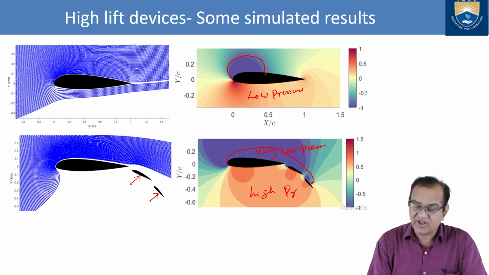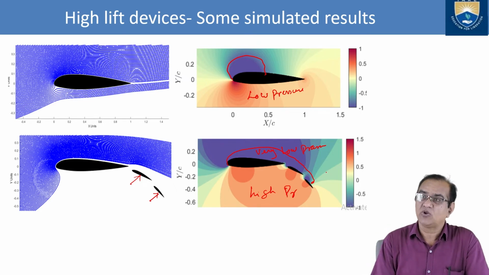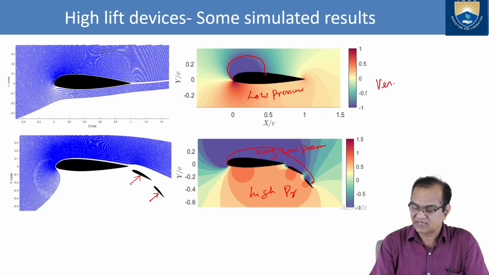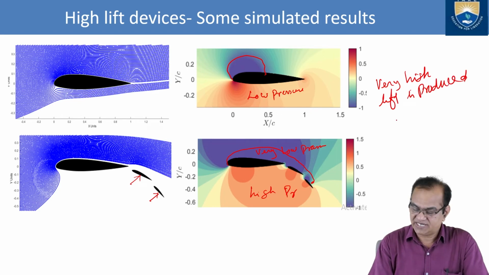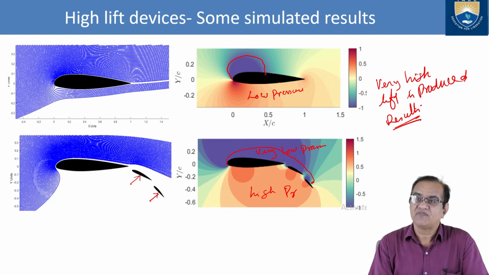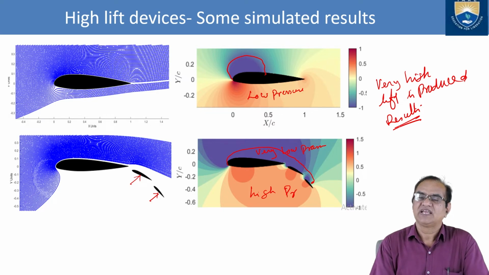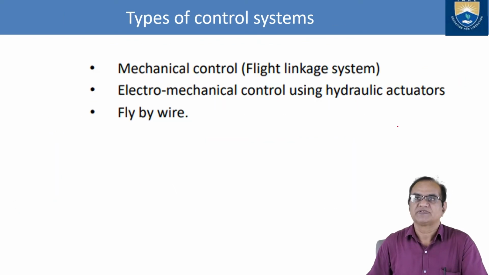So a lot of effective area is increased on the upper and the lower side, and very high lift is produced, as we can see in these results. That is why we use different types of flaps, different surfaces, so that the net result which we get is quite good, which we can use for our purpose.